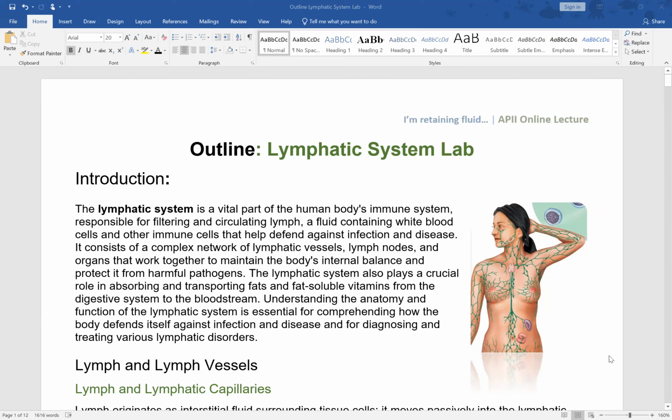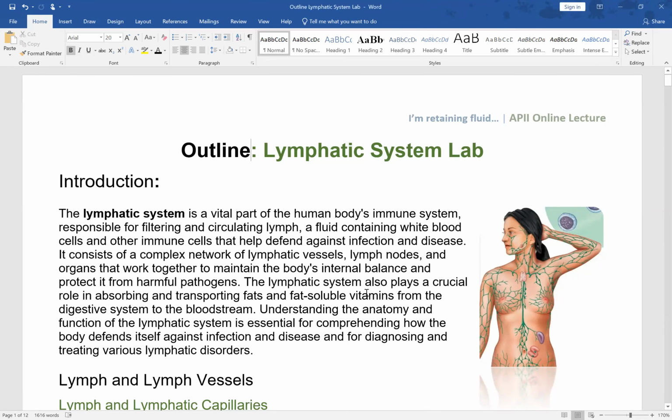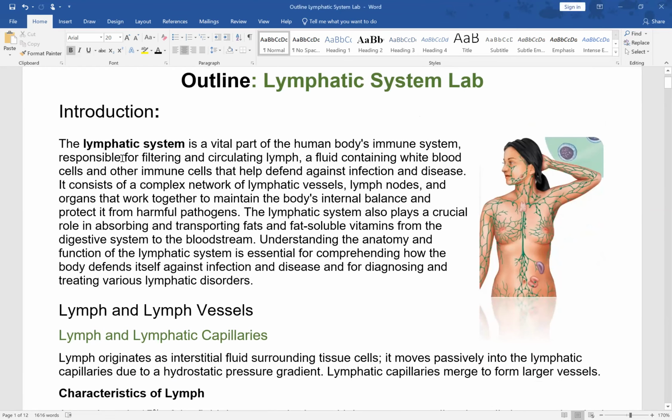It's a take on part of the outline for the lecture, but we have an introduction here for the lymphatic system, a vital part of the human body's immune system. Anyway, the lymphatic system really does three things.